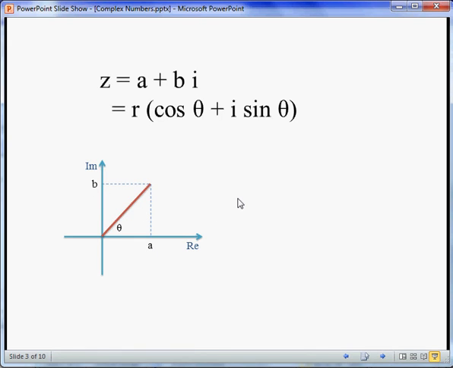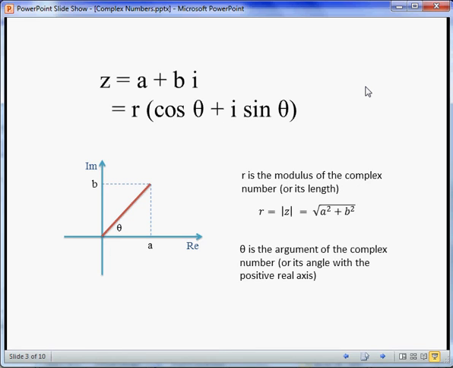If you think about that, r is the modulus of the complex number, or its length, and you can see using Pythagoras' rule, it's a² + b², and if you take the square root of that, that will give you what r is.